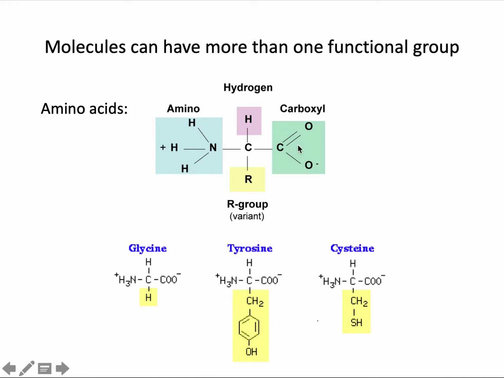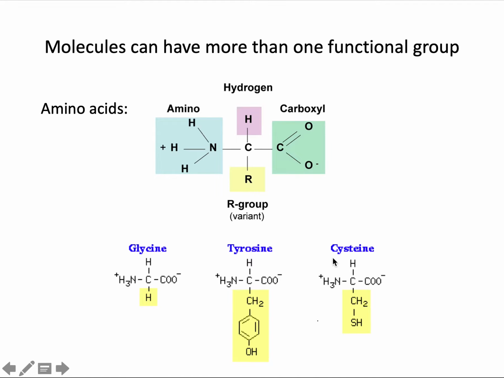The amino group and the carboxyl group are the same for all amino acids. However, the variant always changes. So for glycine, it's an H that's attached to this carbon. For tyrosine, you have the ringed alcohol that is attached. And for cysteine, you have CH2SH that is attached to the central carbon.